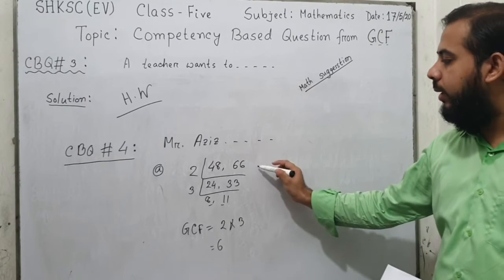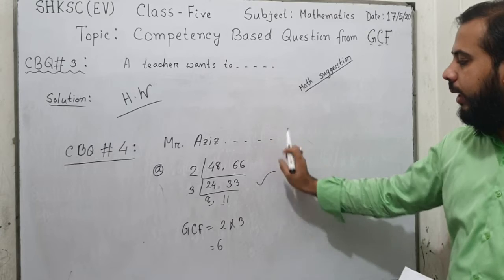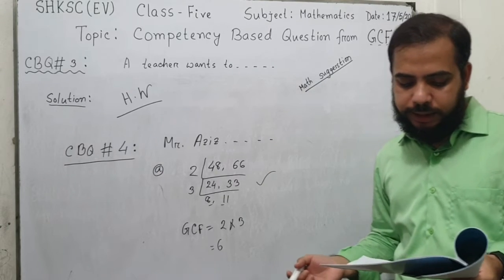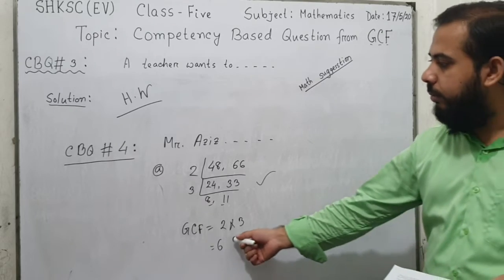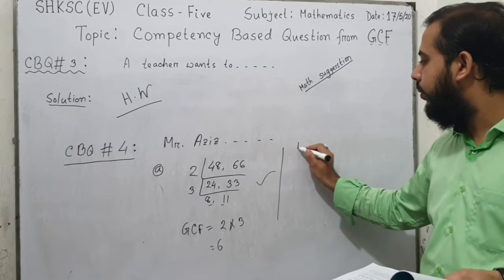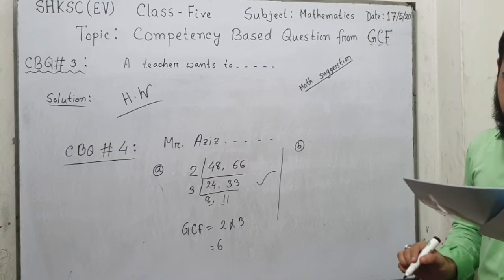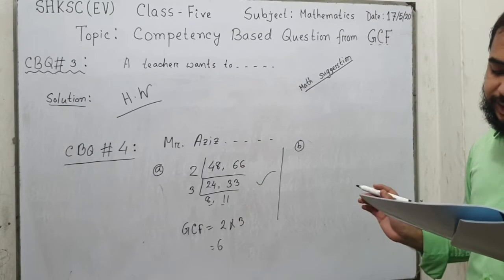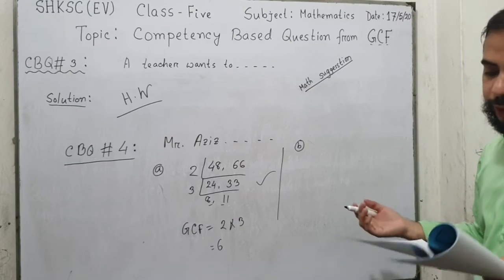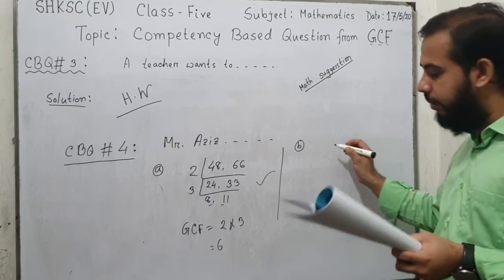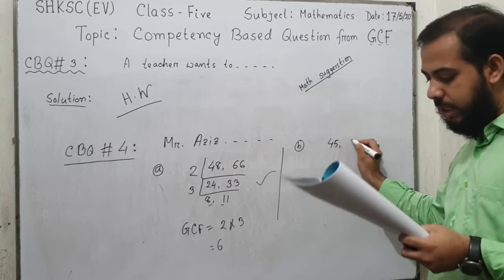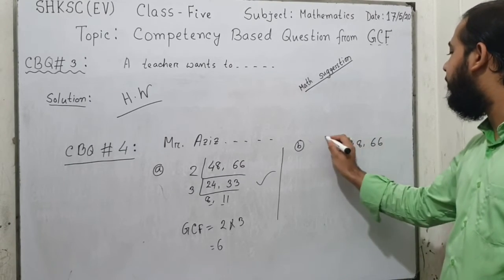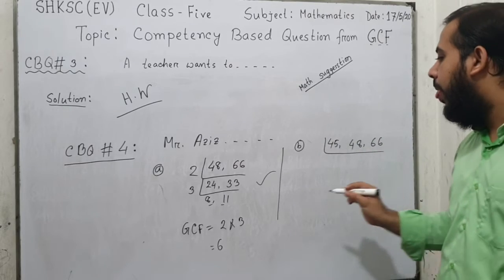You have to write the description here, but I didn't write it because the time is too short for an online class. So the answer will be 6 here. In number B, what is the largest number of students among whom the pencils can be divided equally? Now we will take all three numbers, 45, 48 and 66, and do the Euclid method.